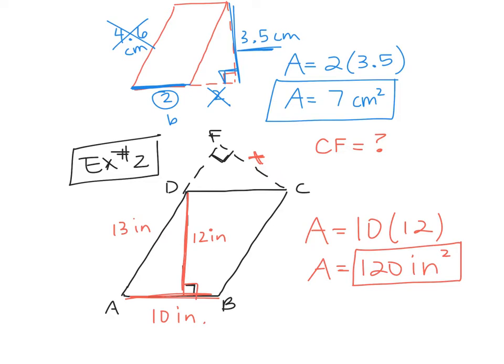So now we know the area, can you find a different base and height that correspond to each other? What's the other base and height? If 10 was my first base, what else could I use as a base? 13, okay? So I can use 13 as my base, and then the height that corresponds to that is whatever's perpendicular to that, which is my x.